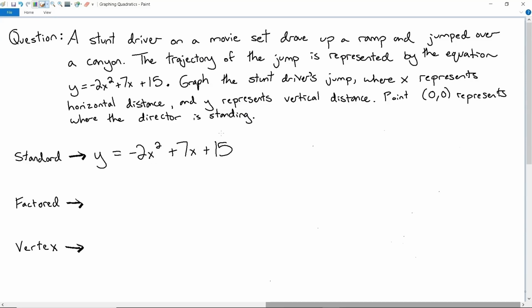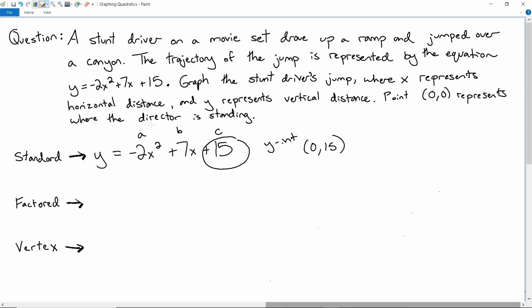So right off the bat, I know my c term here tells me my y-intercept. So we've got a value of (0, 15). Now another piece of info that we get from the standard form in this example is from the a value, and it's the fact that we have a negative in front.